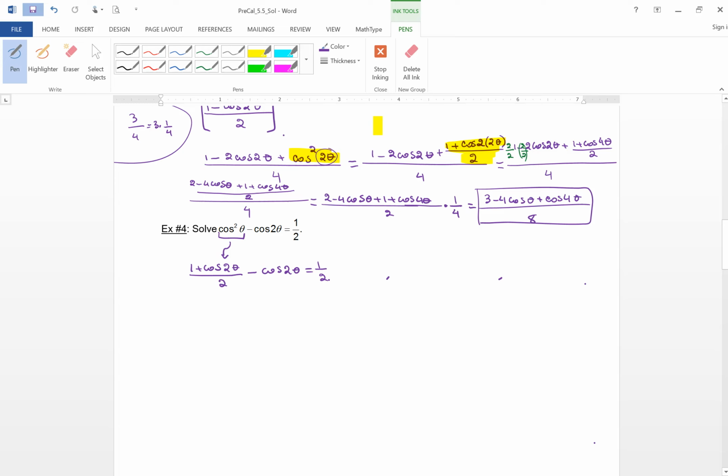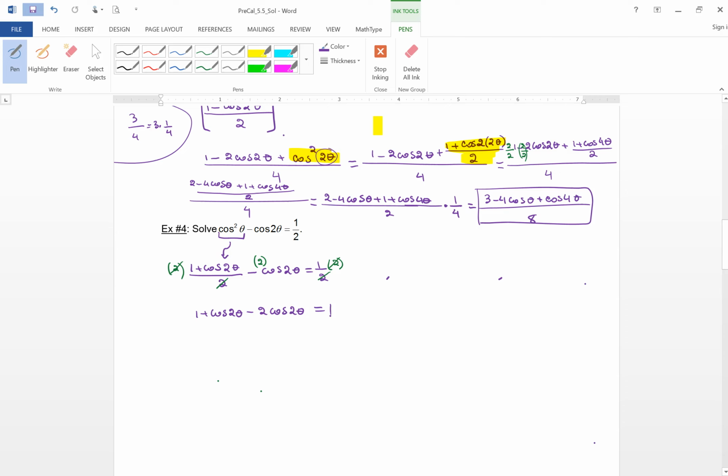Okay? You know what I'm going to do here is get rid of that 2 because it's annoying. So I'm going to multiply everything by the common denominator, which is a 2. Because we're pre-calculus students now, and we learned that in algebra, and we know how to do that. So we get 1 plus cosine 2 theta minus 2 cosine 2 theta equals 1.